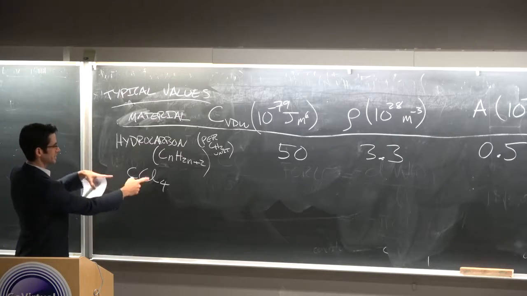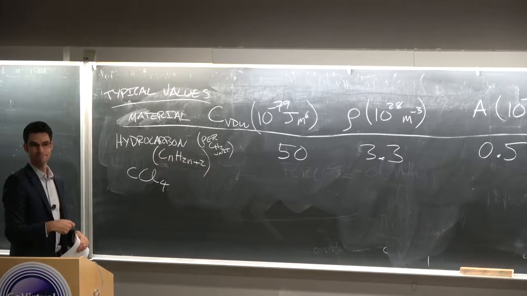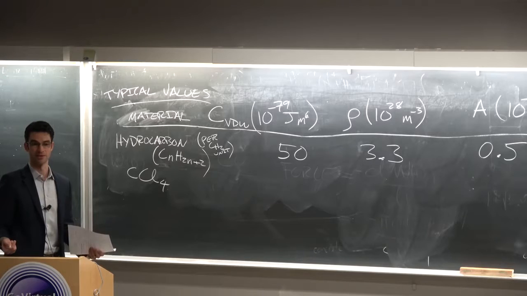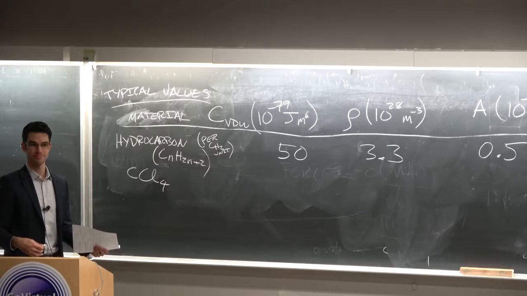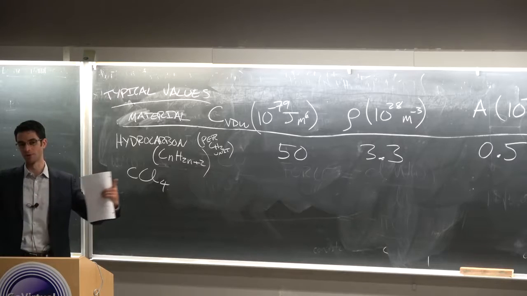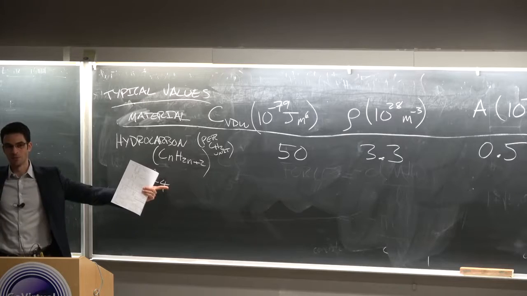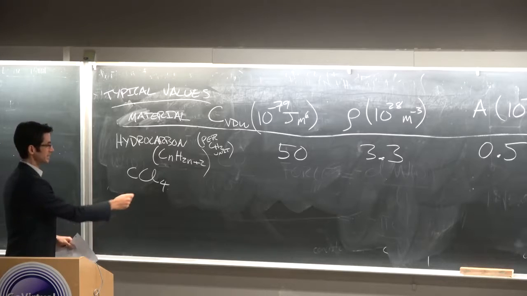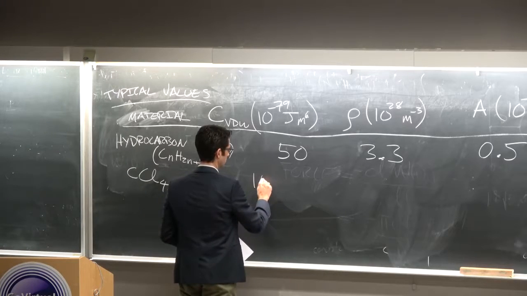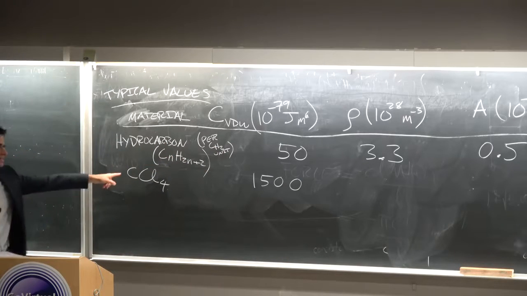So the Van der Waals forces between CCl4 versus CH2, which one wins? Which one has a greater Van der Waals force? The hydrocarbon would be right if we were considering the entire length of the hydrocarbon. But which one has more protons and electrons and a larger electron cloud to deflect in an electric field? That would be CCl4. And it's a lot larger, actually, 1,500. But the number density, because this is bigger, is smaller.